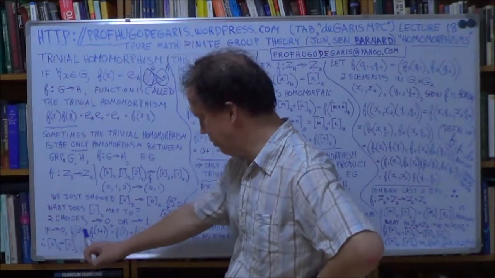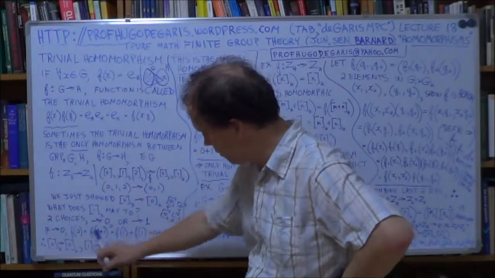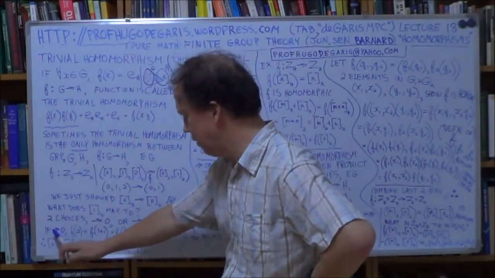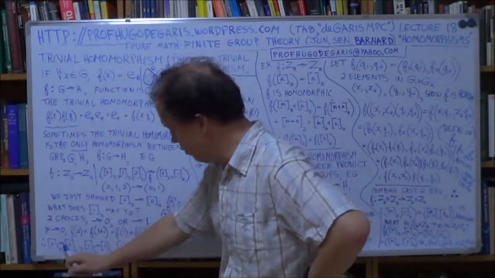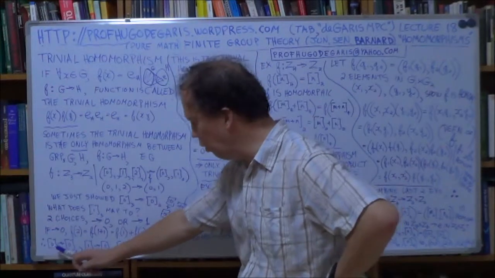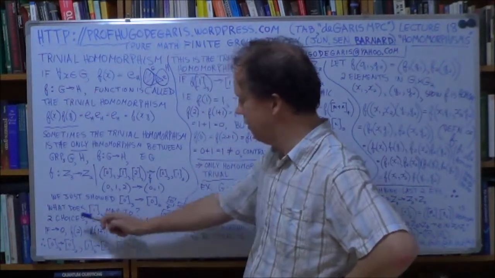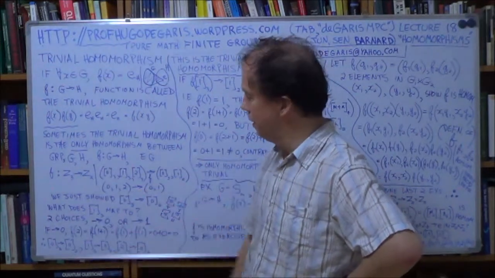So that means f of 2 maps to 0. We assumed f of 1 maps to 0, and we know that 0 maps to 0. So 0 maps to 0, 1 maps to 0, and 2 maps to 0, so all three members of this are now mapping to 0.